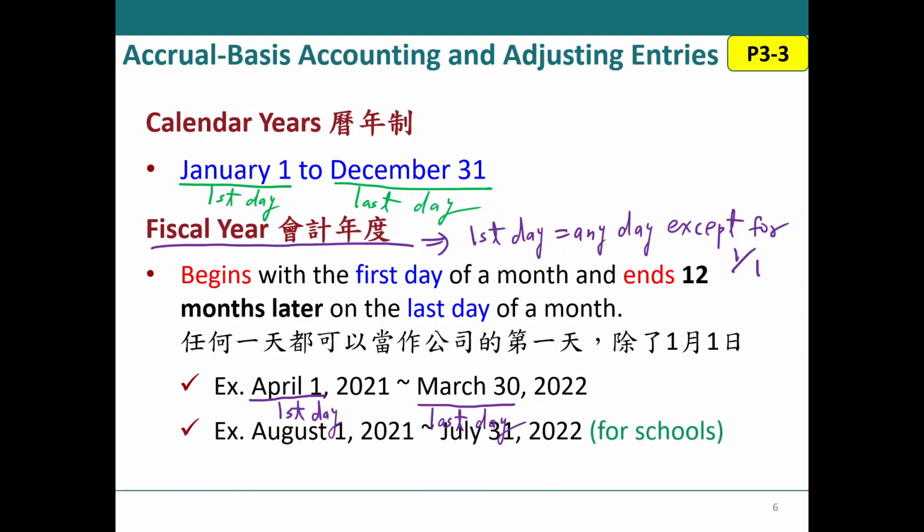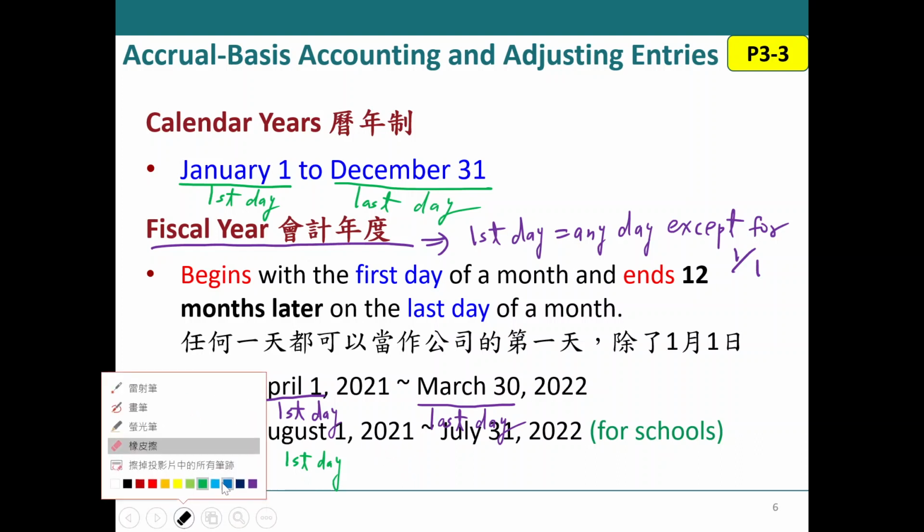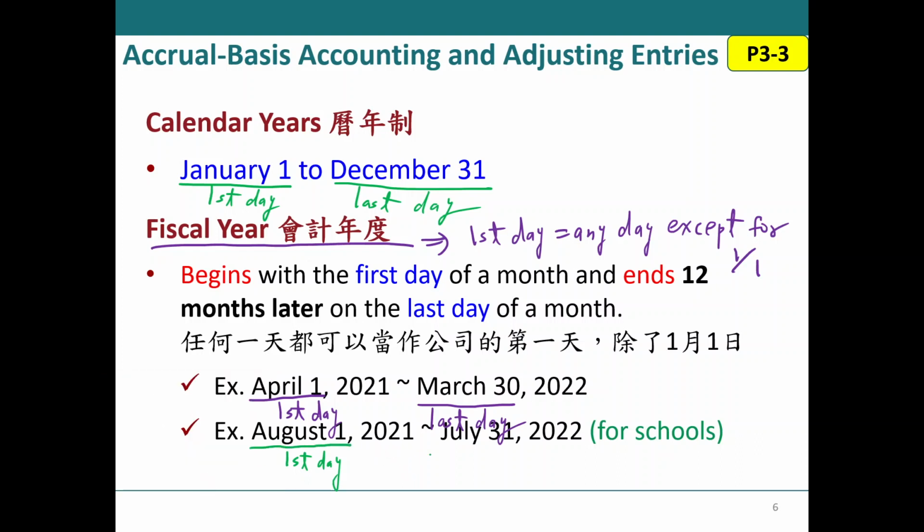For example, your company chooses August 1st to be the first day. Which is the last day? July 1st next year.